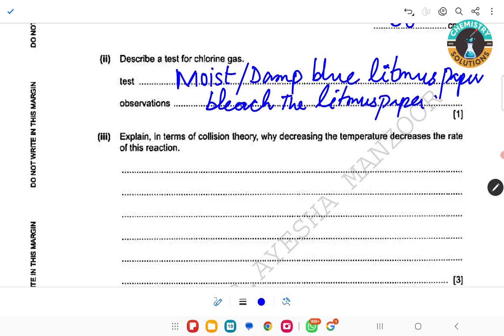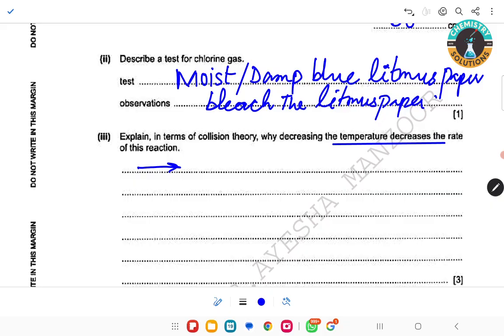Explain in terms of kinetic theory why decreasing the temperature decreases the rate of this reaction. Whenever we answer such questions, we use bullet points as well. So we are describing kinetic theory by decreasing the temperature.